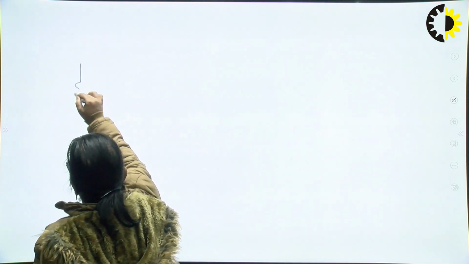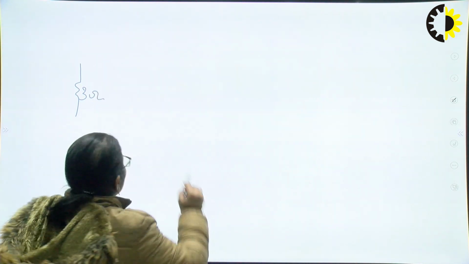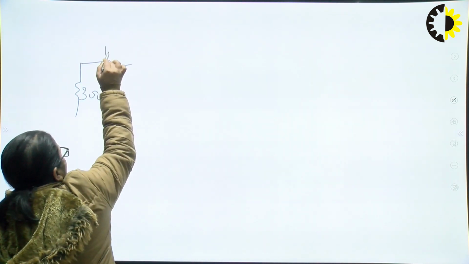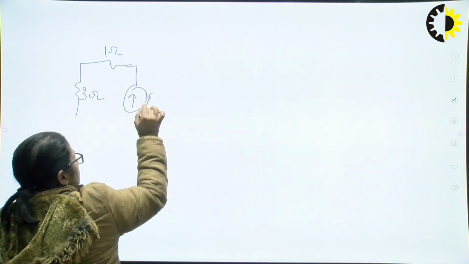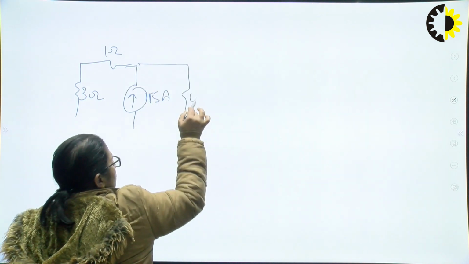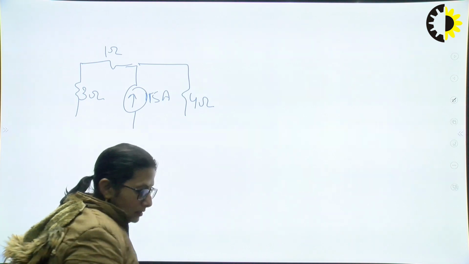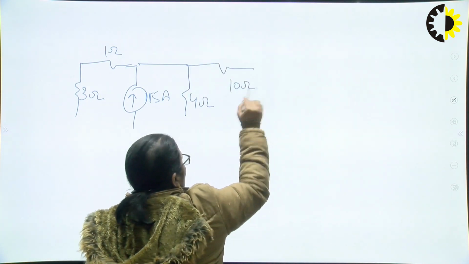Going for another numerical. Once again, I want the voltage across the load, which is just 1 ohm, in the circuit as shown. Say this is 3 ohms, this is 1 ohm, and then I have a current source of, say, 15 ampere. Then again I have a resistance of 4 ohms, and then a resistance of 10 ohms.